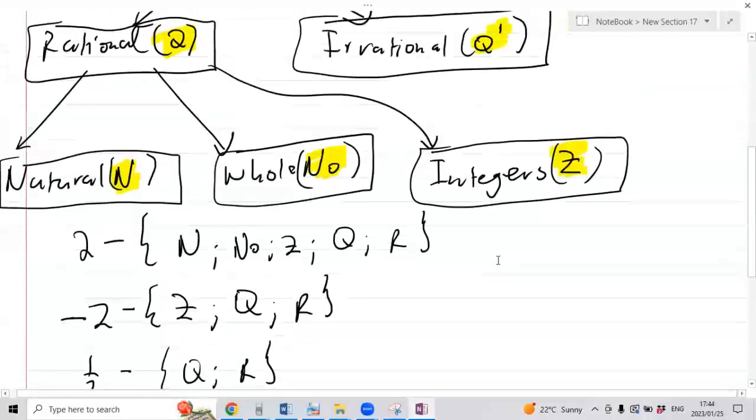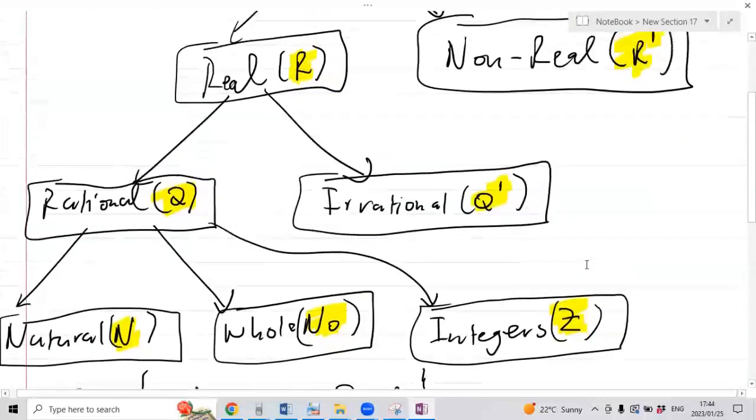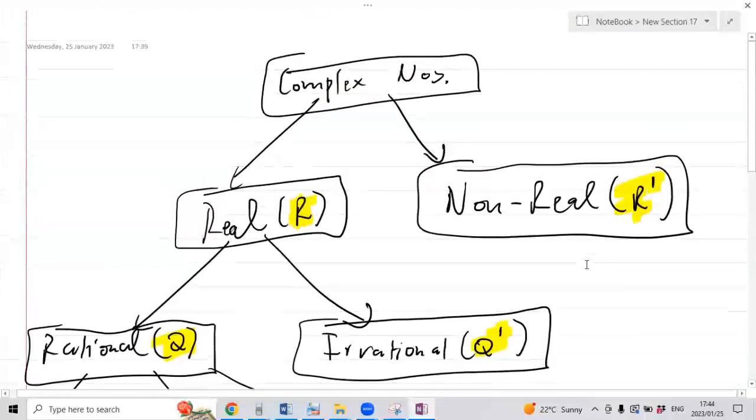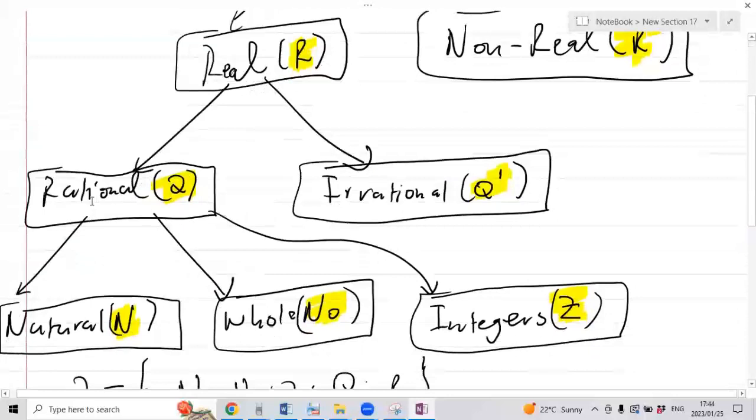Okay? Right, so this particular diagram is important for you to understand, and it makes you understand the whole number system. So once again, complex numbers consist of all real and non-real numbers. Real numbers consist of all rational and irrational numbers. A rational number is any number that can be expressed as a fraction a over b, where a and b are both integers, but b can't equal 0 because division by 0 is undefined.